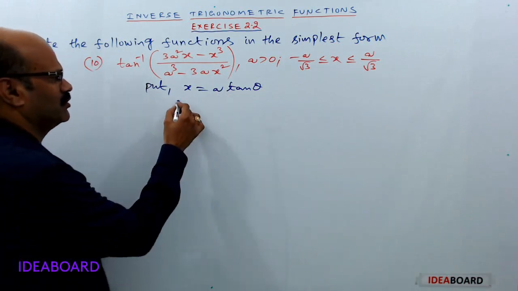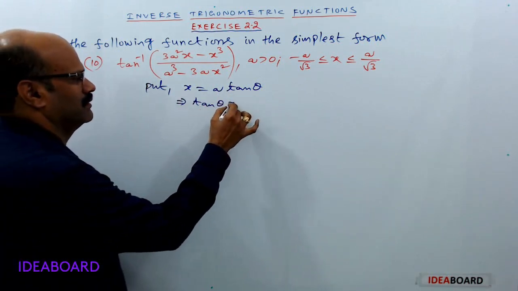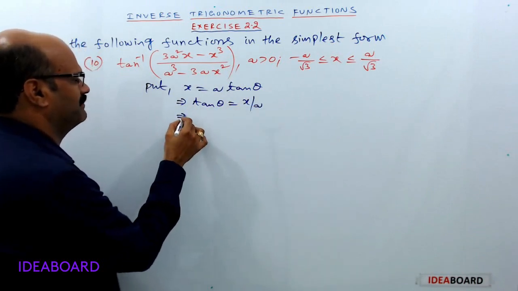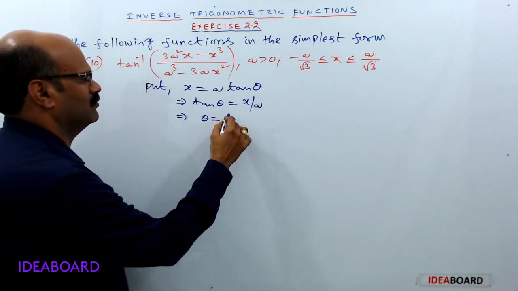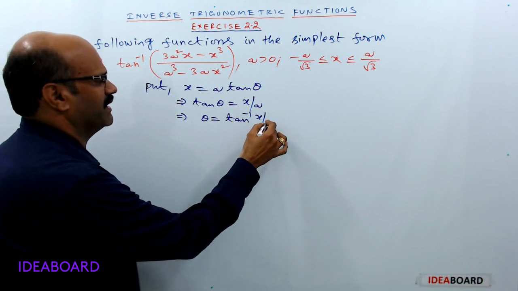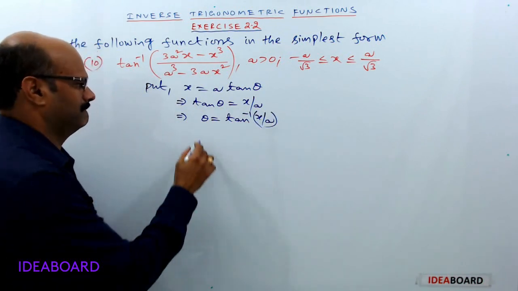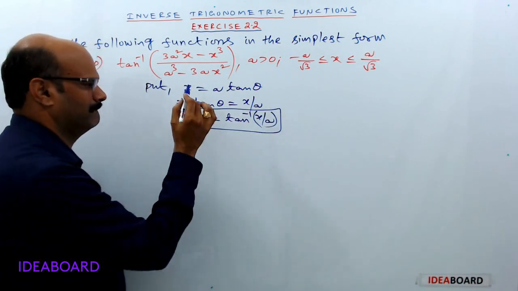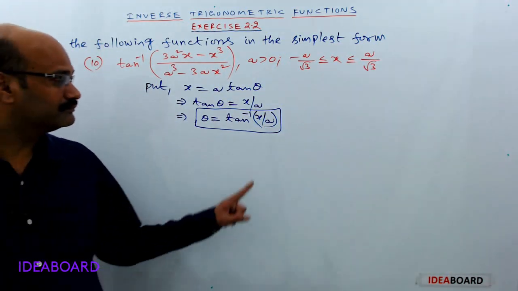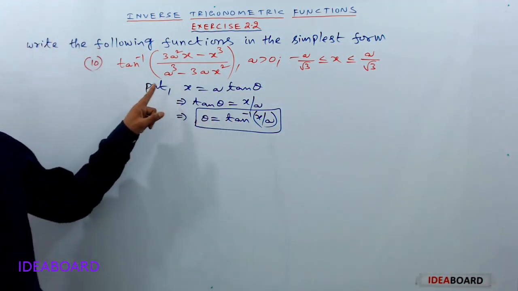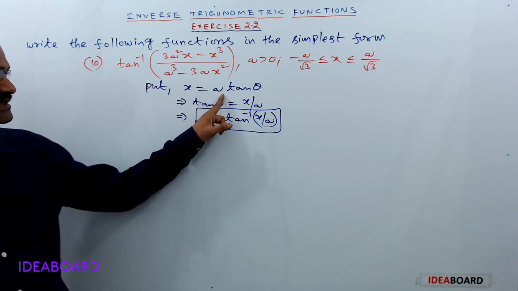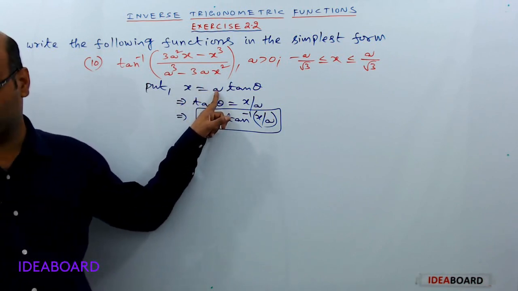Then tan theta equal to x by a. It implies theta equal to tan inverse of x by a. Now, in the given expression, put x equal to a tan theta.